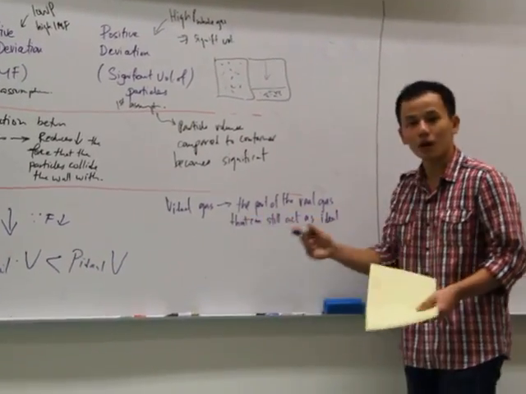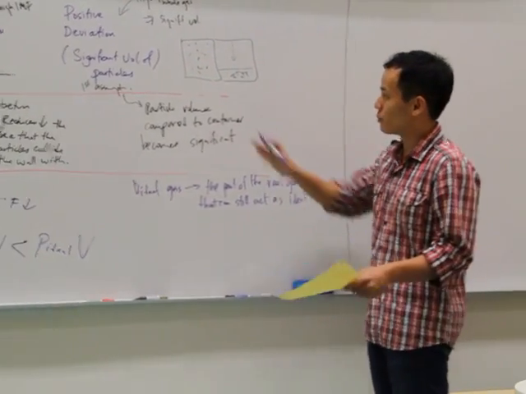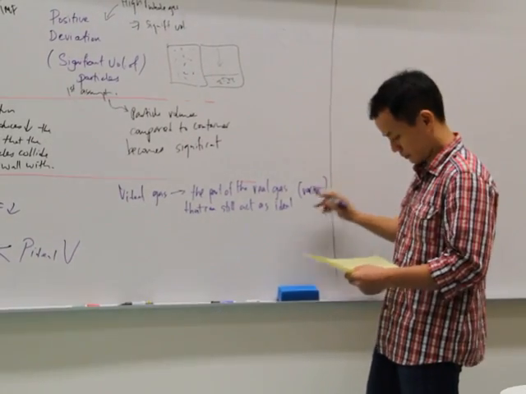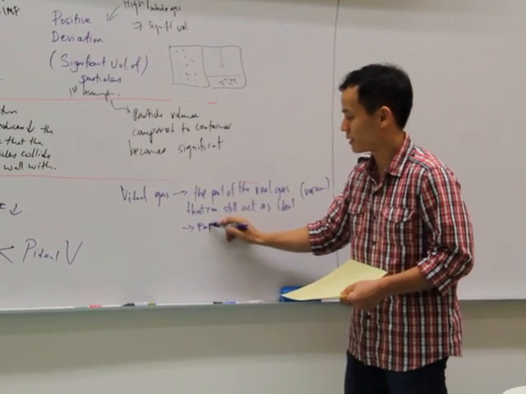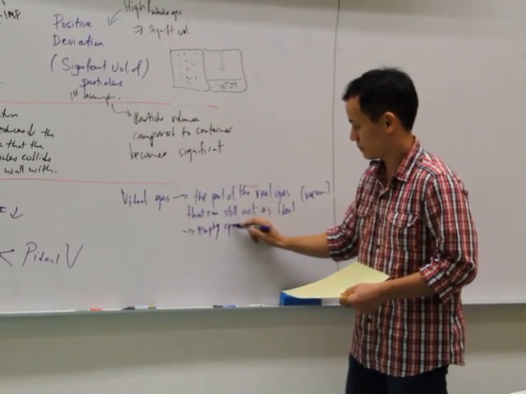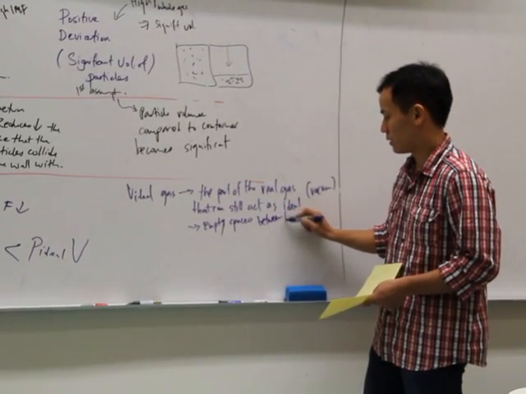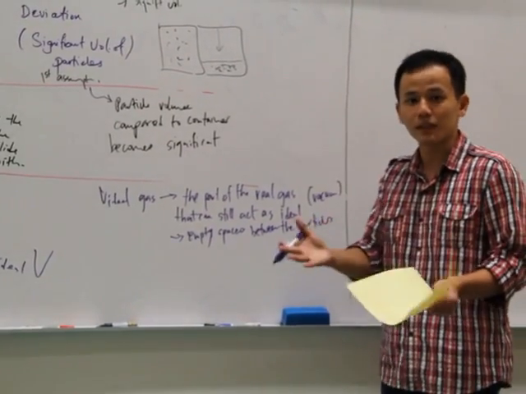How is that possible? How can a real gas have parts which are ideal, parts which are not? So basically we are looking at the vacuum. This is referring to the vacuum. Another way of putting it is the empty spaces between the particles. So the empty spaces is basically the ideal part.